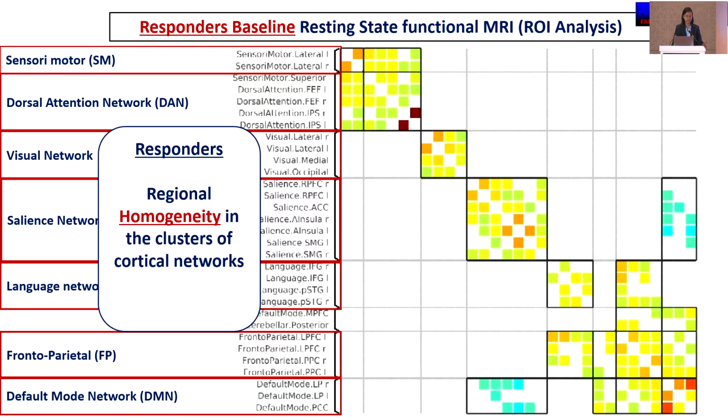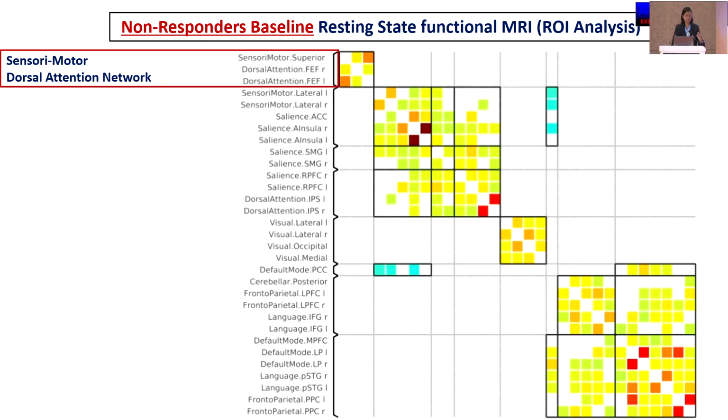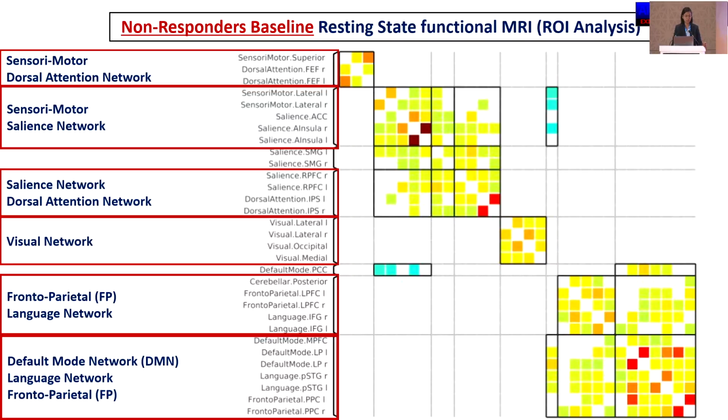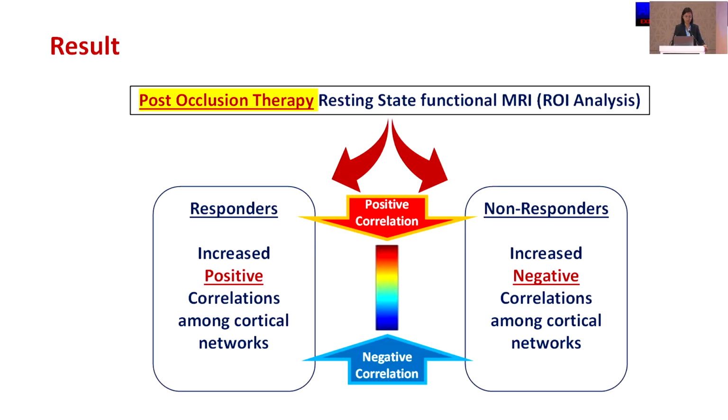This we refer as regional homogeneity in the cluster of cortical network. Whereas in non-responders, a single network cluster has more than one different named cortical networks. For example, default mode network, language network, and frontoparietal network are all clustered together in a single cluster. This we refer as regional heterogeneity in the cluster of cortical network.